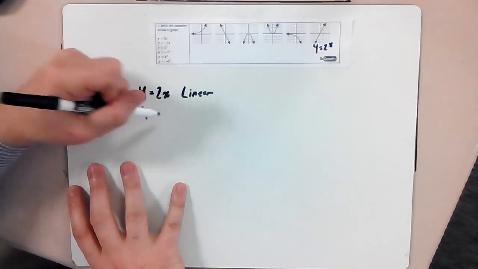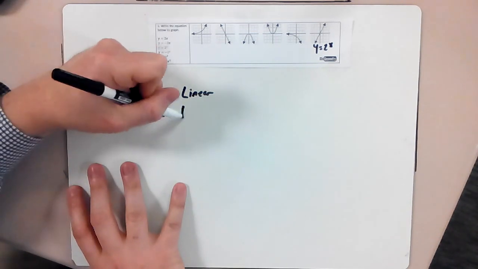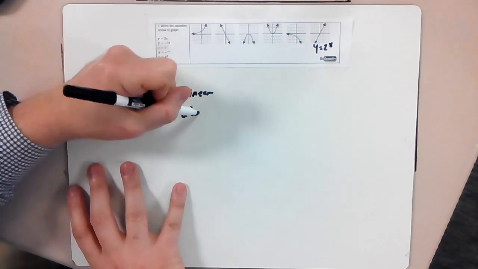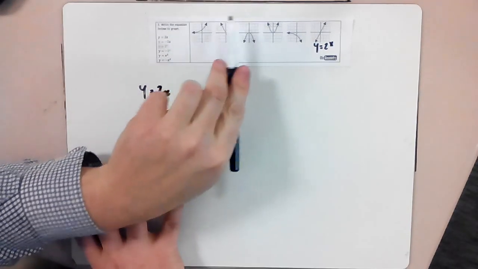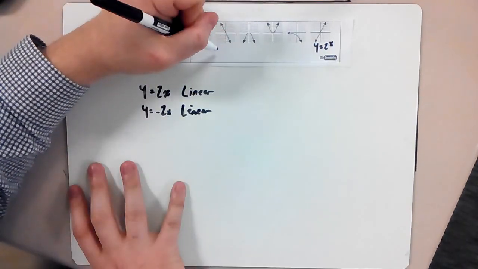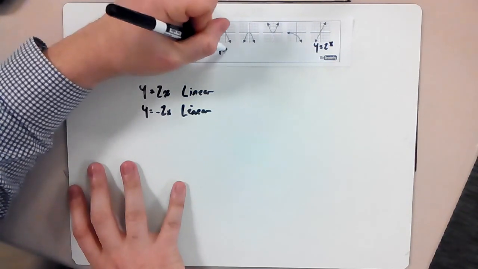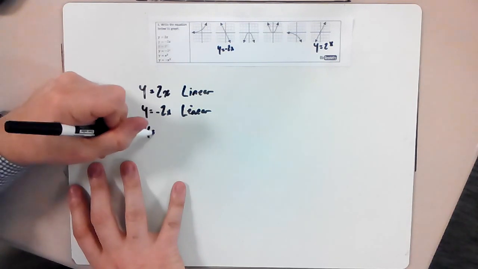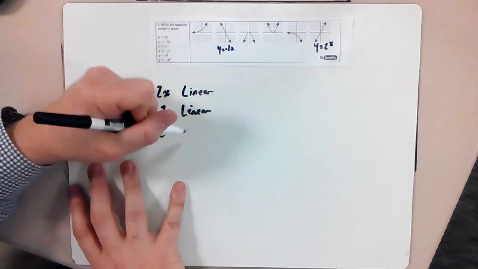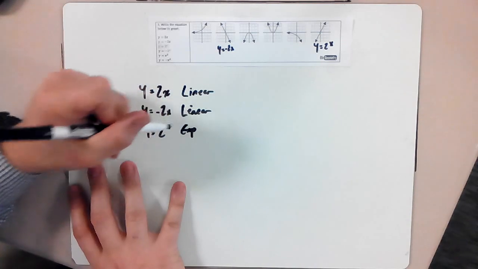Y equals negative 2x is also a linear function, and that's negative. So when we read it from left to right, it's going down. So this is y equals negative 2x. Now I have y equals 2 to the power of x. That is exponential.